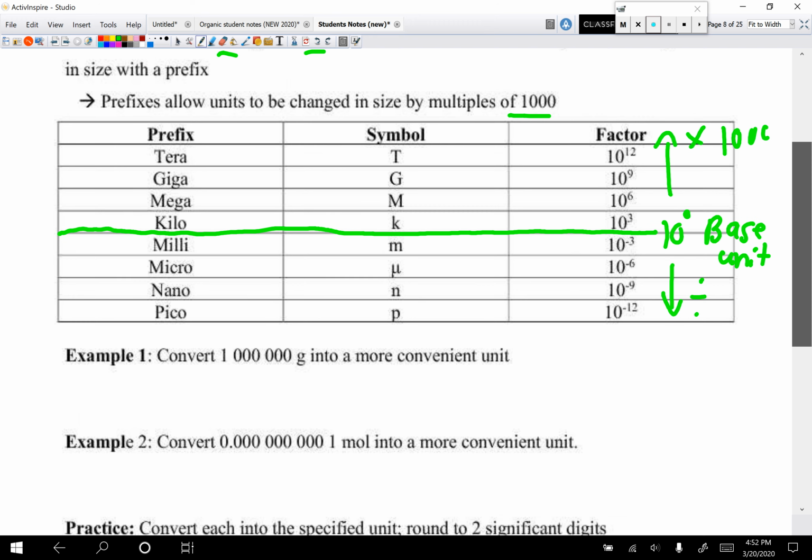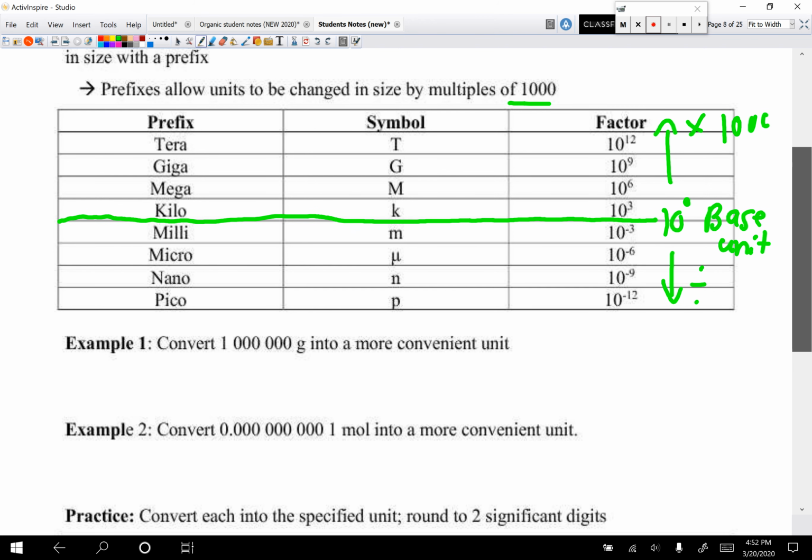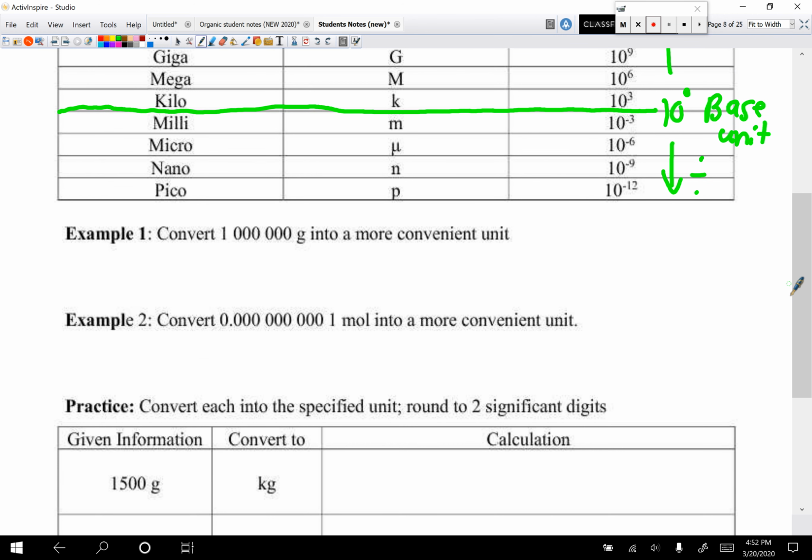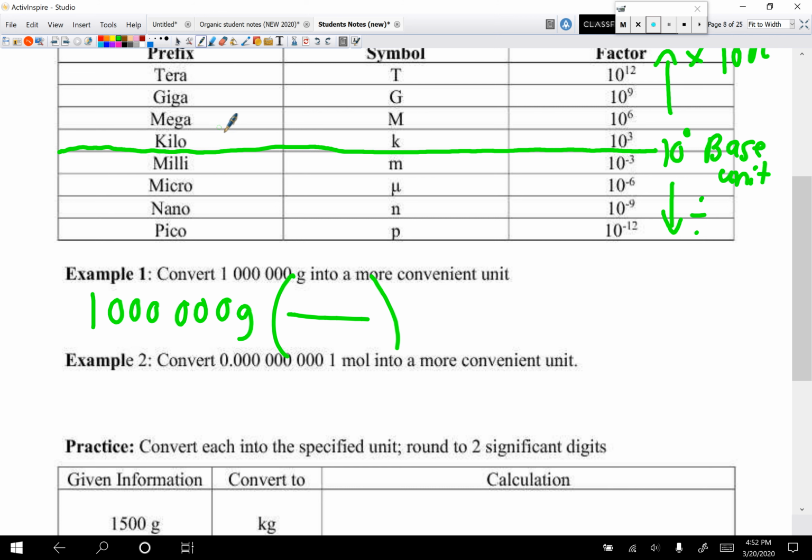Now, how this will work, we're still going to use conversion factors, because basically we're going to make sure everything is as close to our base unit as possible. When we're converting grams into a more convenient unit, we don't want to say 1 million grams, so we can definitely use scientific notation. Or if I look at my SI prefixes, I can convert to kilo, or maybe mega, because mega is 10 to the 6.